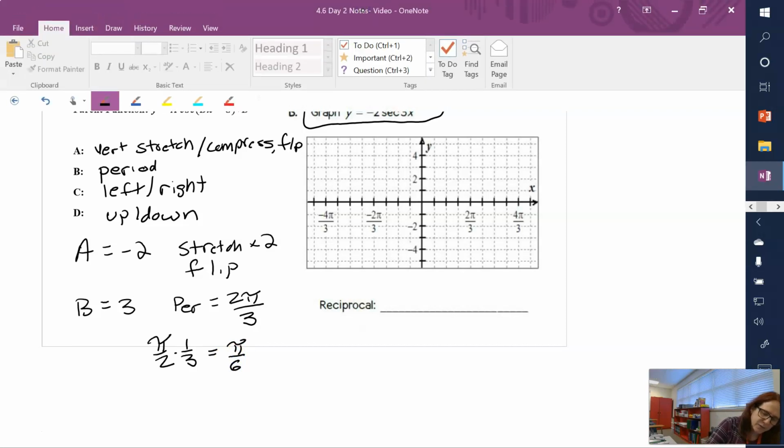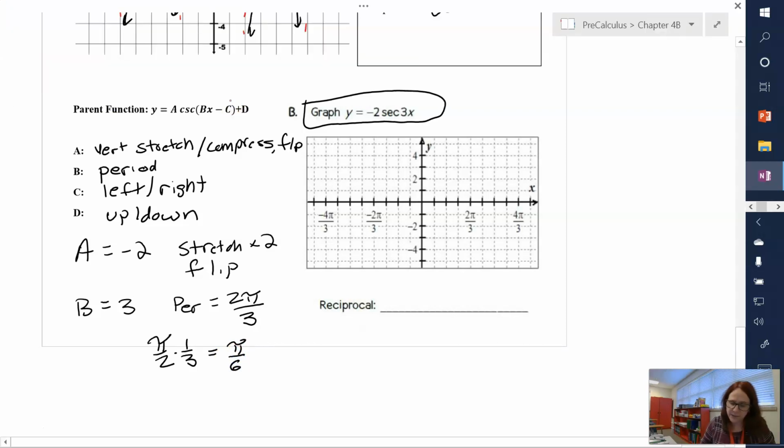So I'm going to have an asymptote at pi over 6. And on this graph, that's right here. And I'm going to have one at negative pi over 6. So if you see, the space between my asymptotes ends up being 2 pi over 6 or pi over 3. And that works out to, on this graph, it's every 2 blocks you're going to put in an asymptote.